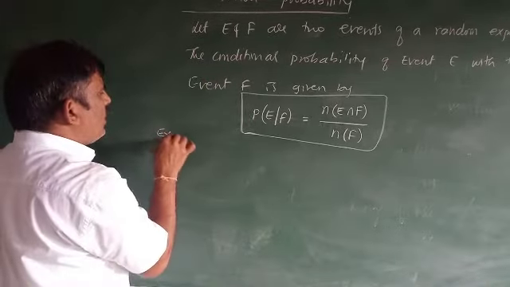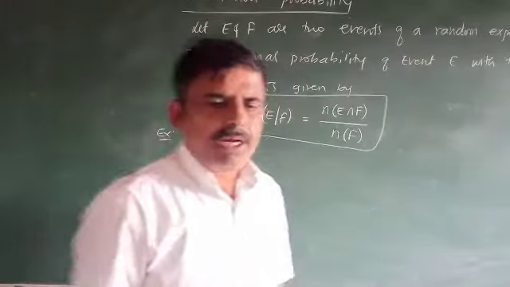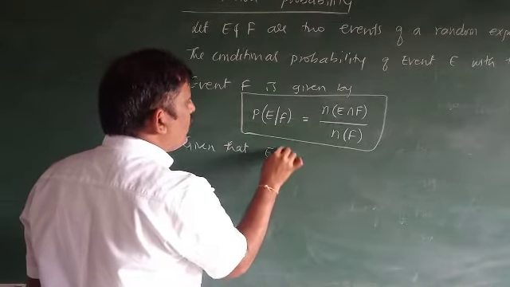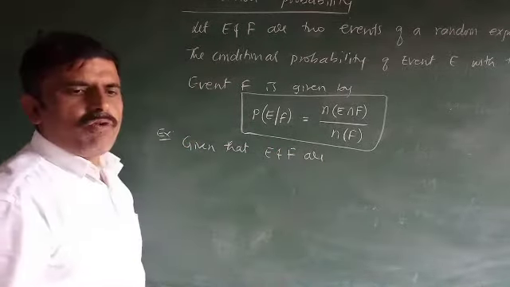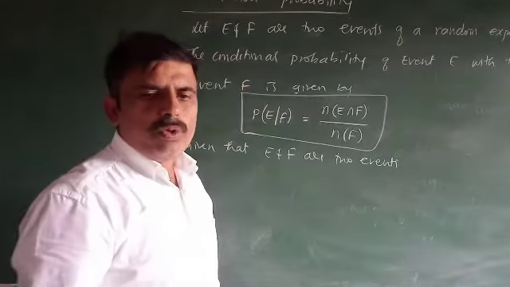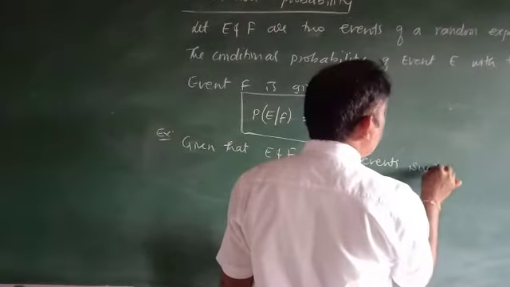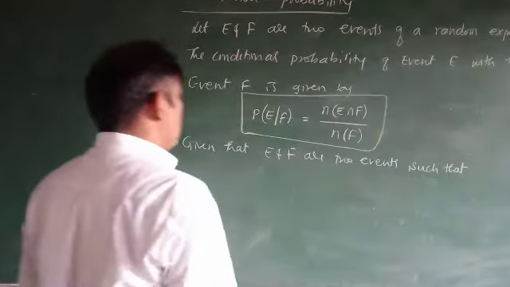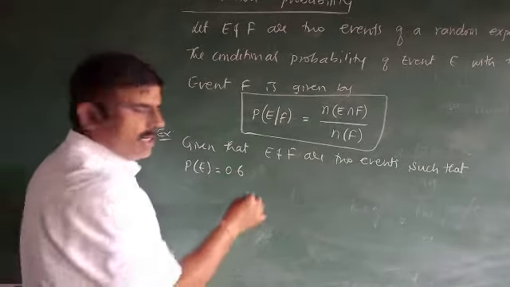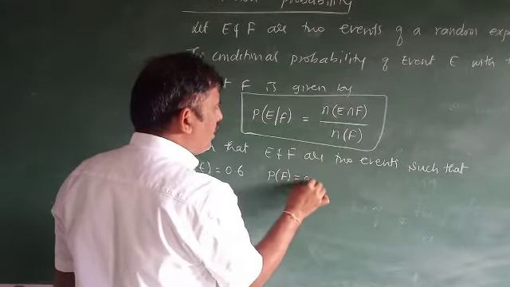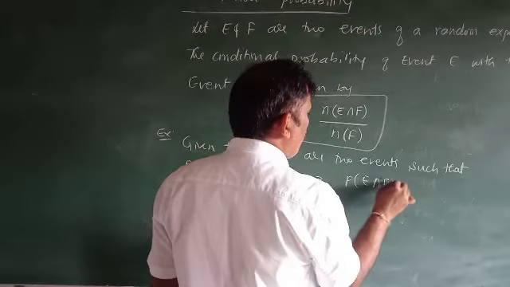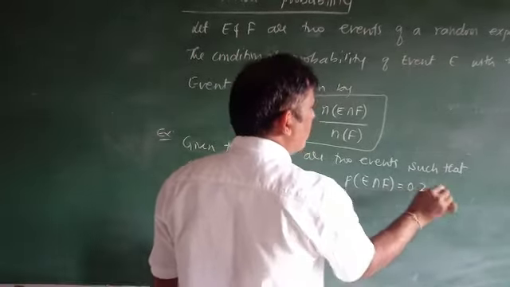One example of conditional probability: given that E and F are two events such that probability of A is equal to 0.6, probability of F is equal to 0.3, and probability of A intersection F is equal to 0.2.